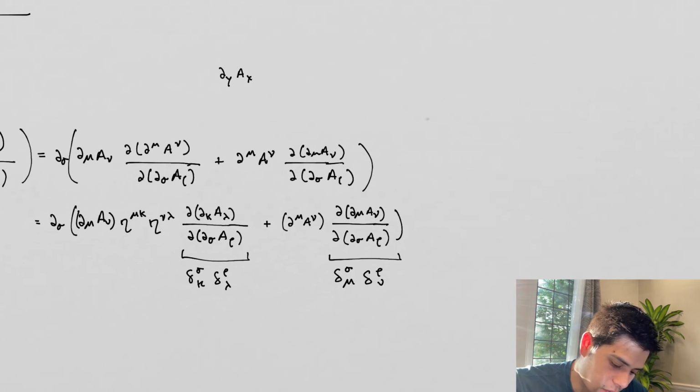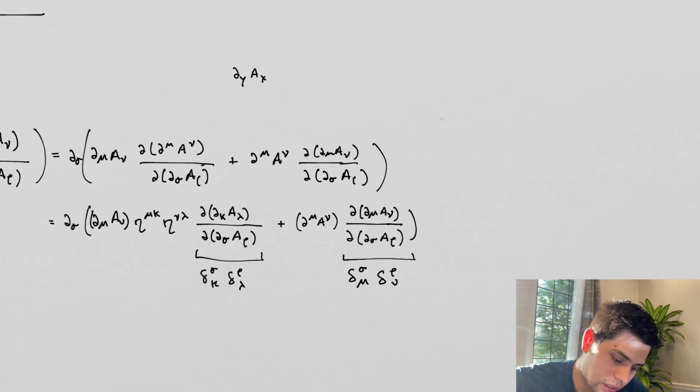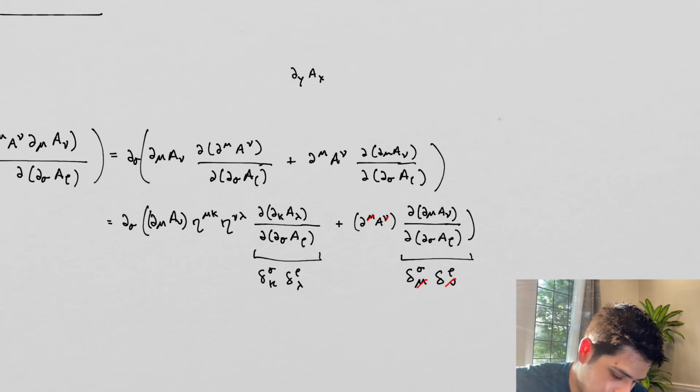And you can see how that works, right? Because we're going to have our indices contract with each other there, there, and then we're going to have indices contract here and here.